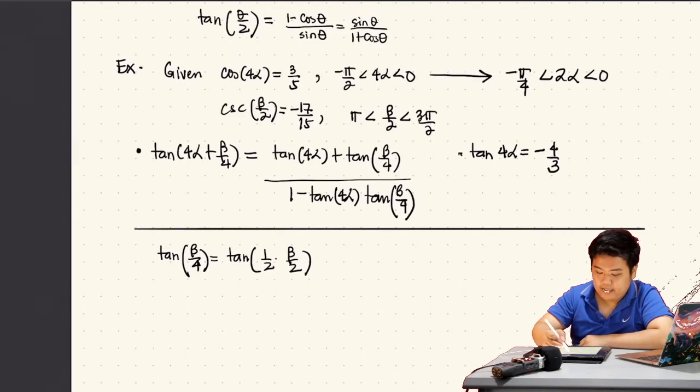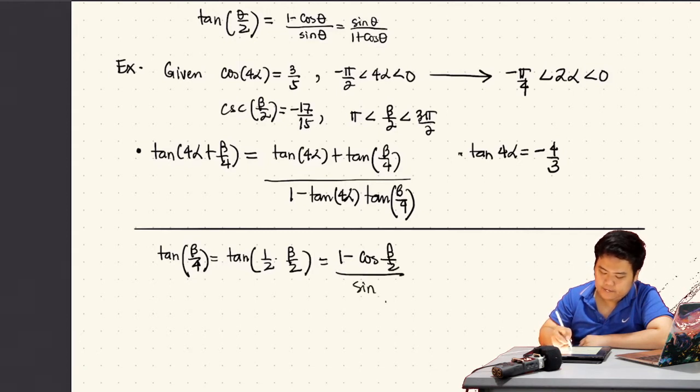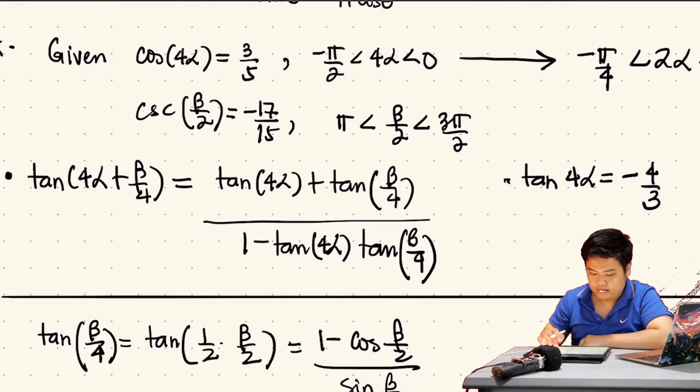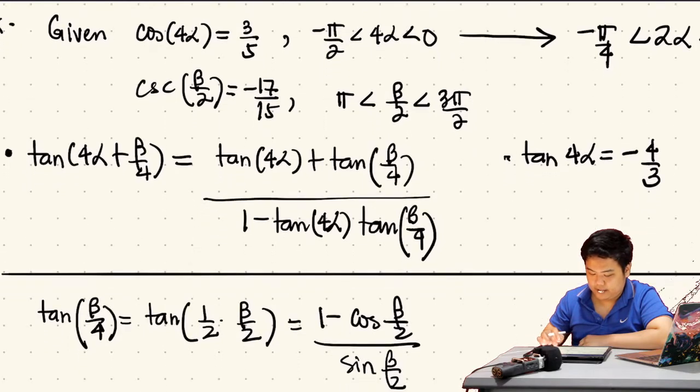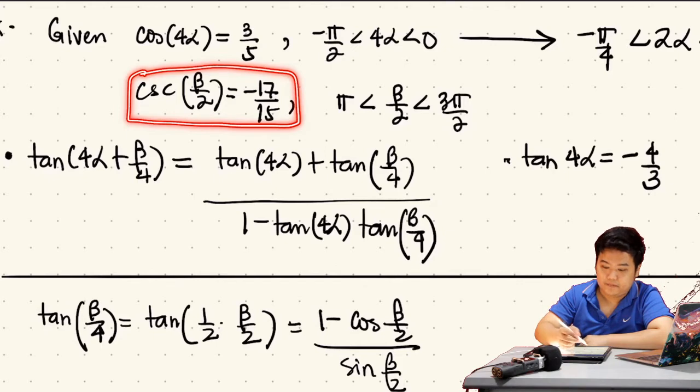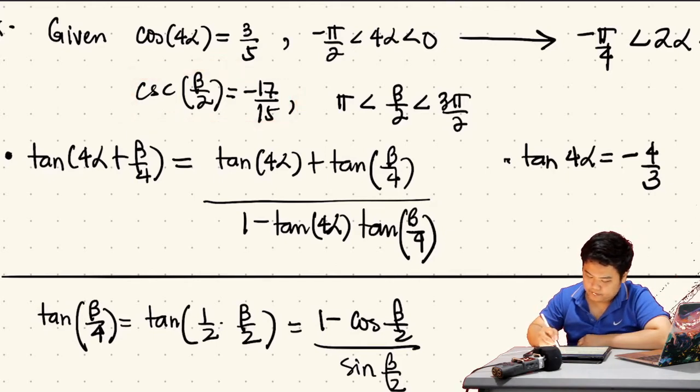Sabi ng formula natin, we can use this one. So, that is 1 minus cosine beta over 2 over sine beta over 2. Okay. Meron na ba tayong sine beta over 2? Yes, makukuha natin dito. Reciprocal nito. So, negative 15 over 17.